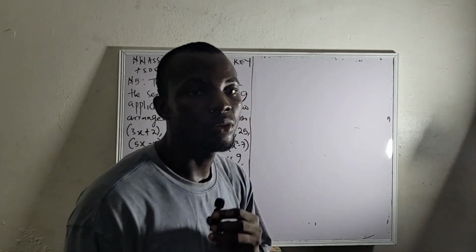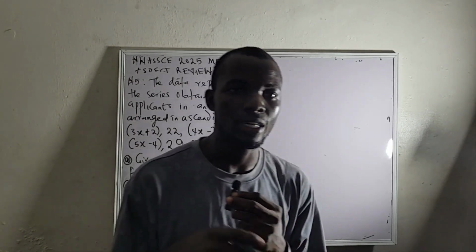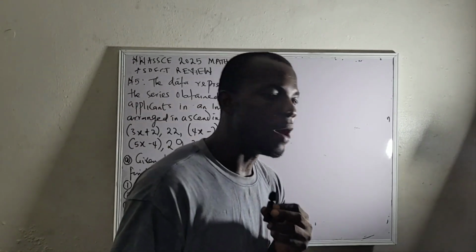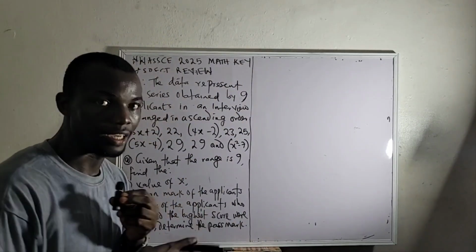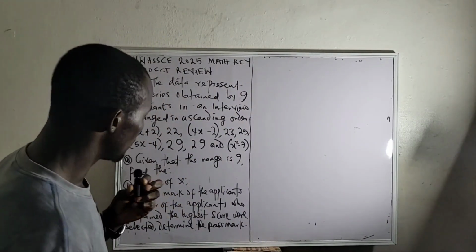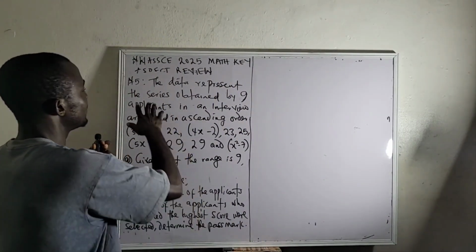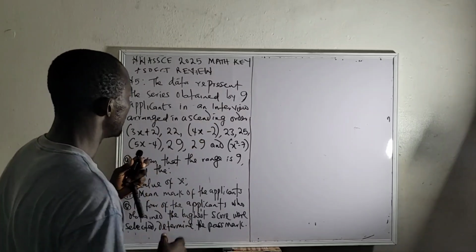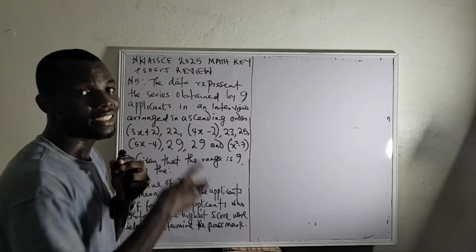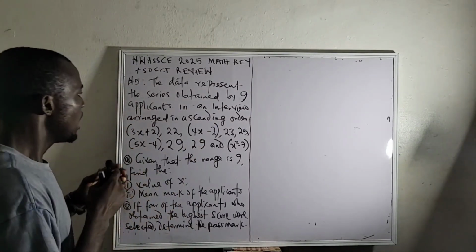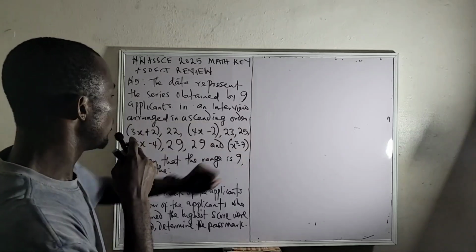So this is another question. We are still looking at the 2025 WAEC question, key aspects to take note of. Now, this is the question. They said the data represent the scores obtained by 9 applicants in an interview, arranged in ascending order.